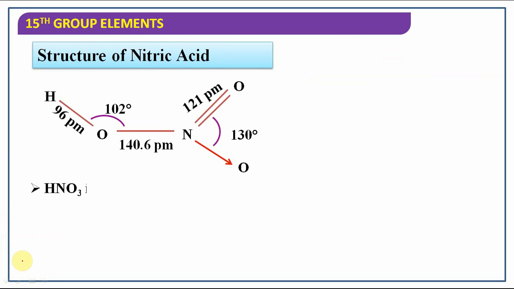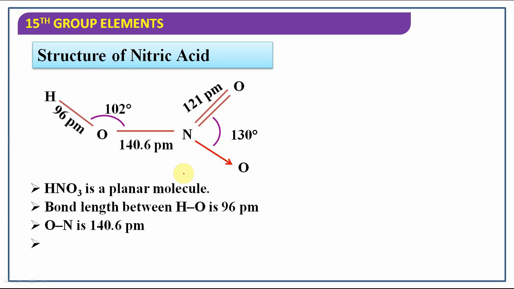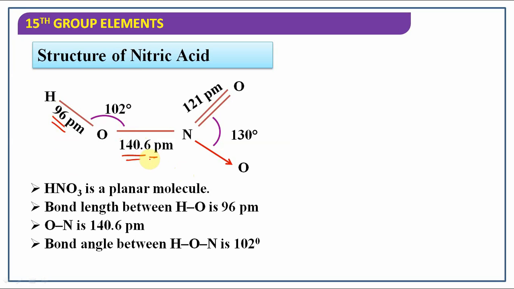Now let's see the structure of nitric acid. HNO3 is a planar molecule, children. Planar molecule in the sense, generally sp2 hybridized molecules have a planar shape. In such a way, nitric acid also has a planar shape, and the OH bond length is 96 picometer, the ON bond length is 140.6 picometer, whereas the bond angle HON is 102 degree.